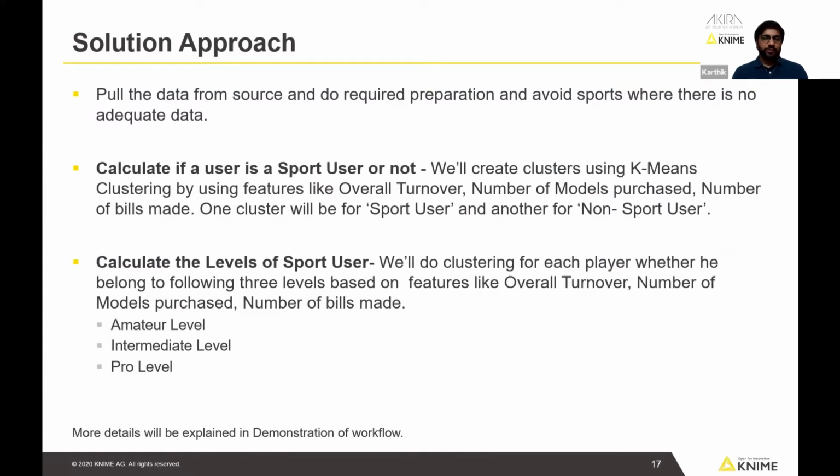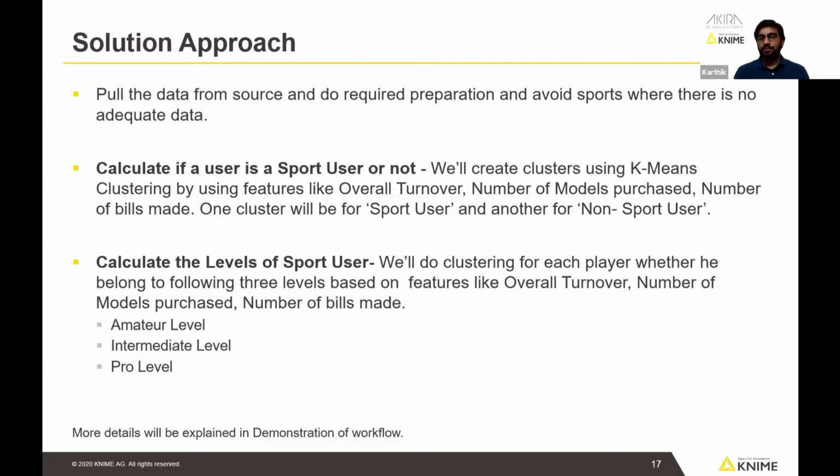The first step of what we've done is the first level of clustering based on certain features, like the overall turnover the users are making, the number of receipts they have made, and the number of unique products they're purchasing for any given sport. That will be the first cluster that we build. From there, we'll pick the cluster which we call sport user, the cluster which has more probability for better business for the new services or the existing services.